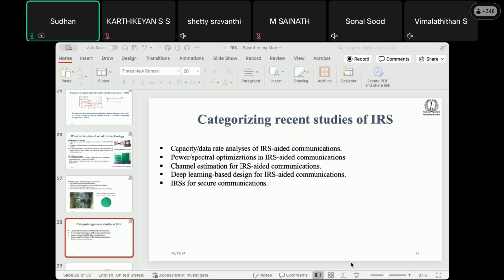So energy efficient means whatever massive MIMO we are putting at the base station, that power is fixed. But now by placing the IRS, we are able to remove the obstacle.